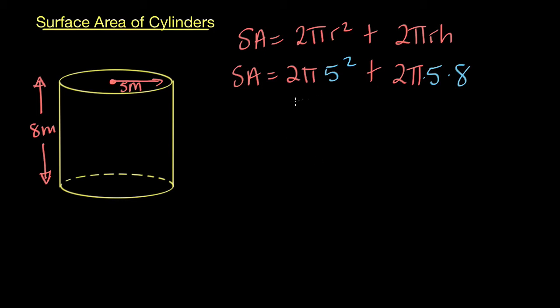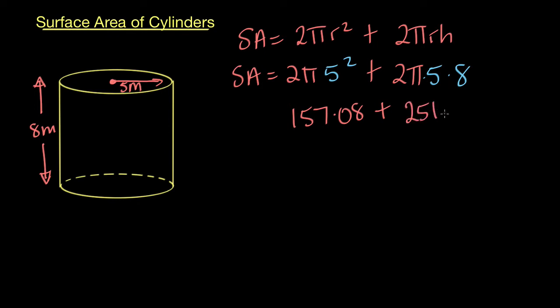So we'll just run this through our calculator. What you should get for 2 times pi times 5 squared is 157.08. And you're going to get a few other decimals, but you're not going to clear that. You're just going to hit plus on the calculator, and then you're also going to put in 2 times pi times 5 times 8, and that's going to give you 251.33 if you do it separately.